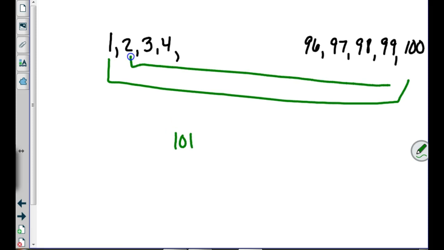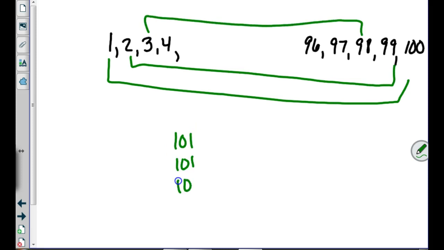What's 2 plus 99? What's 3 plus 98? How many of those are there going to be? That's multiplication. So there's 101 50 times, which is what?